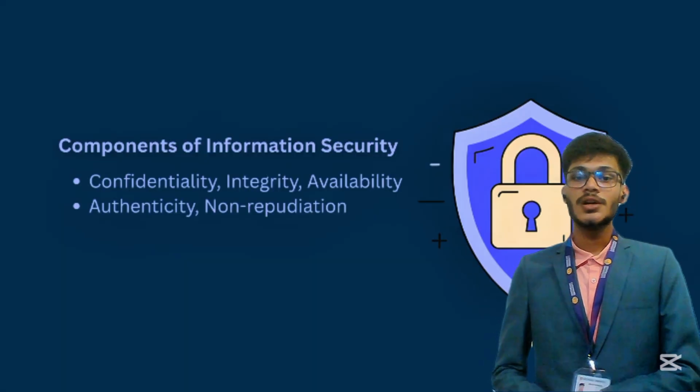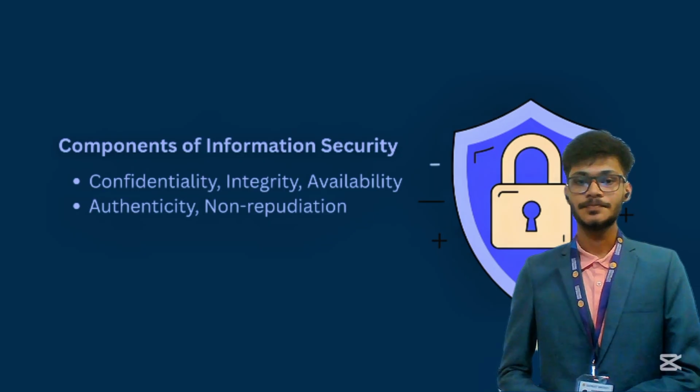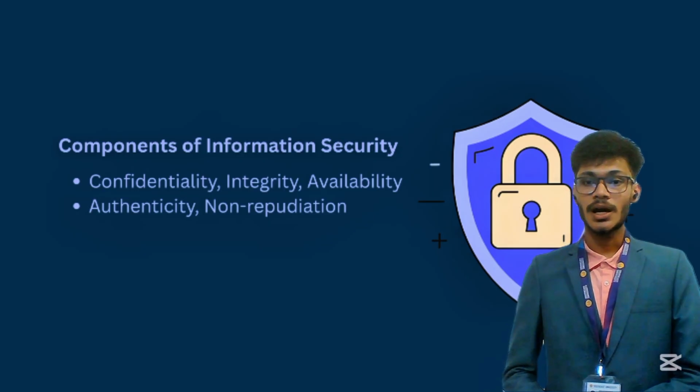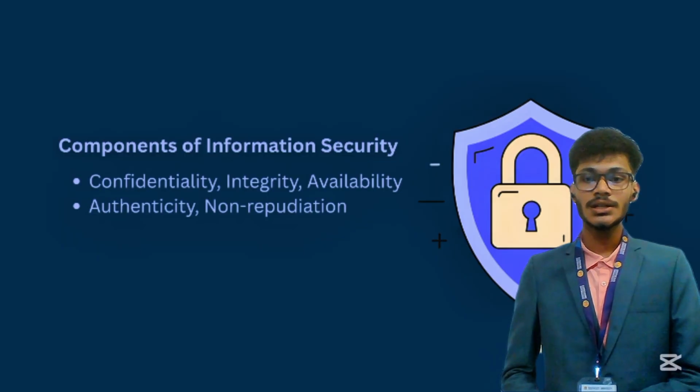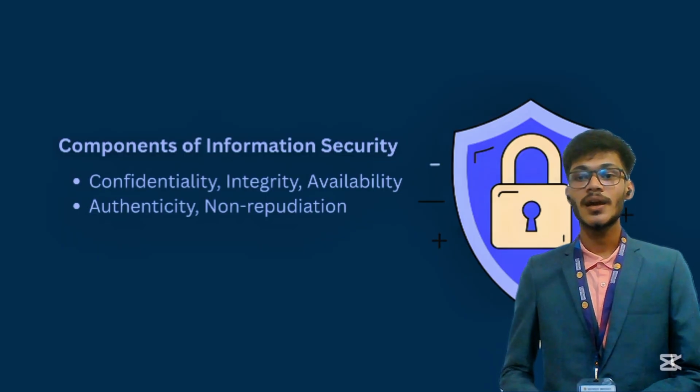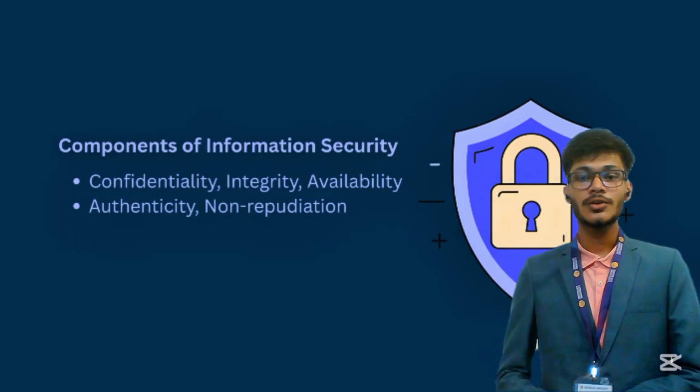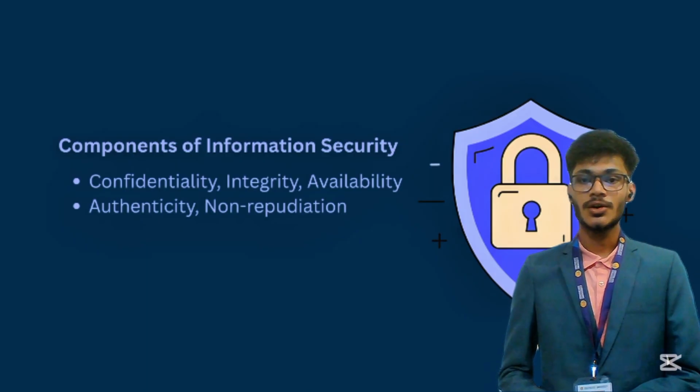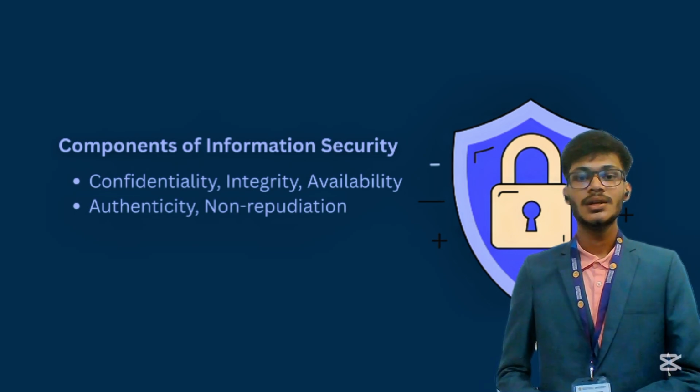Components of information security. The pillars of information security are confidentiality, integrity, and availability, often called the CIA triad. Confidentiality ensures that only authorized people can access data.